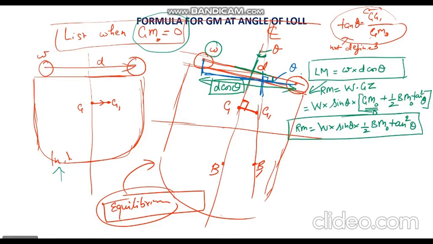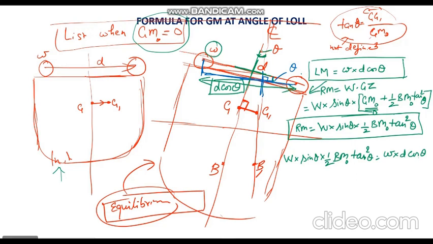As the vessel is in equilibrium at angle of list, the listing moment and the righting moment become equal. So what does it become? The righting moment of W into sine theta into 1 by 2 BM tan square theta becomes equal to the listing moment of small w into d cos theta.